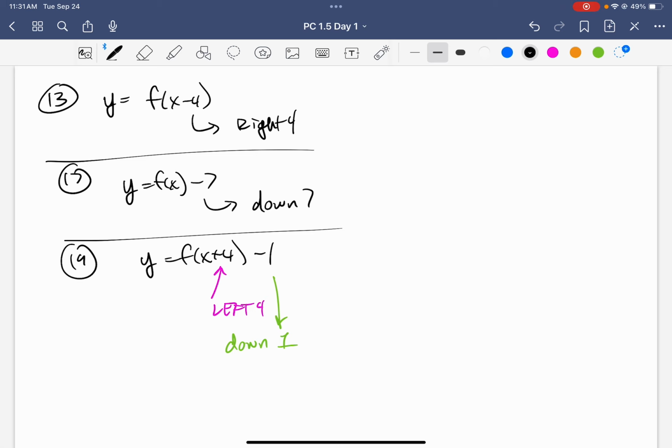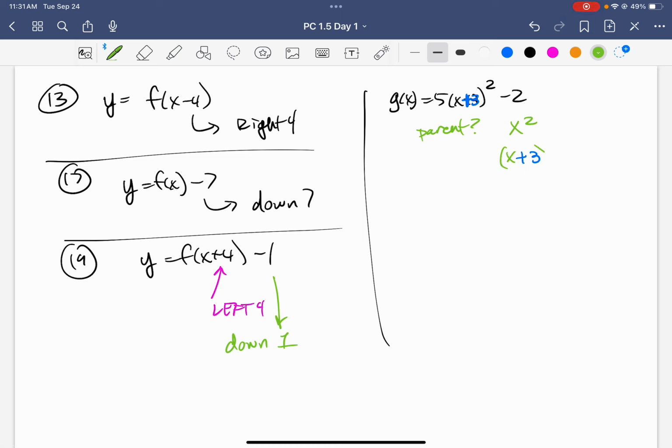Determine the interval on which these things are increasing, decreasing, or constant. So what I would do for number 21 would be to say g of x equals 5 times (x plus 3) squared minus 2. I would say, what is the parent function? So where did you start? I think you started with x squared. If I work inside out, the first thing is I added 3 to all of the x's, and that shifts the whole thing to the left 3.